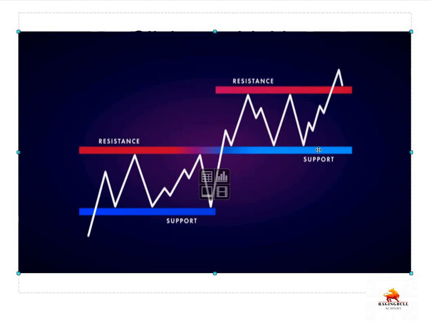So if we draw a line along our resistance throughout, when the stock broke out, it's going to use that resistance line as a support, going into the future. So keep that in mind, okay?